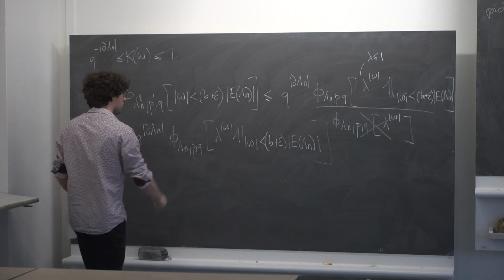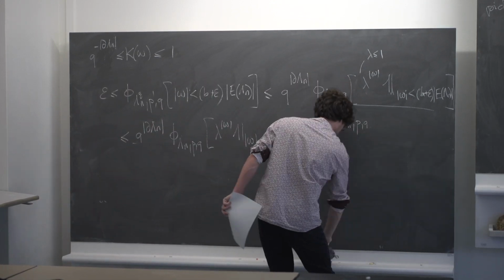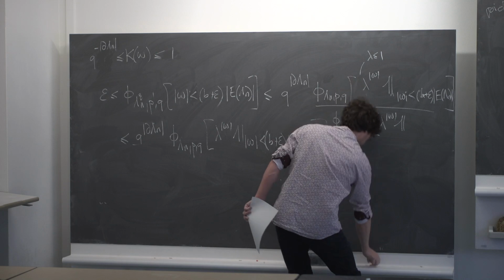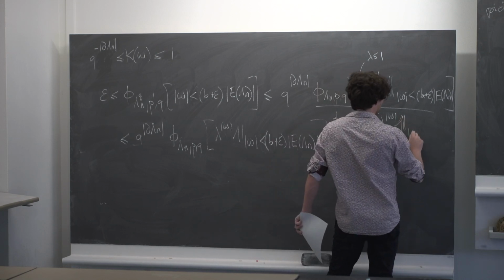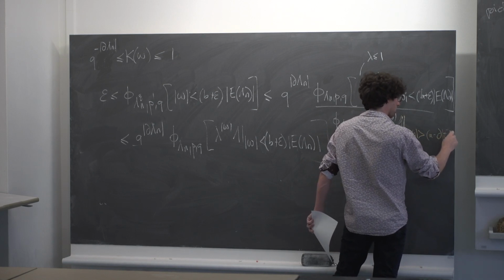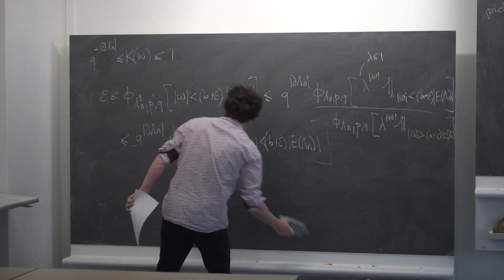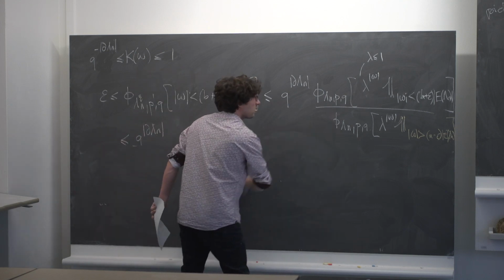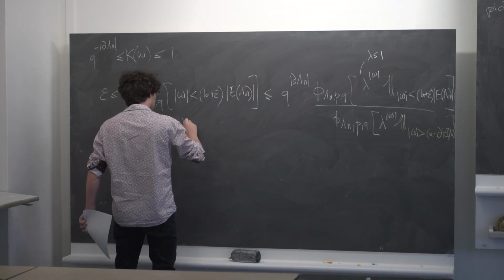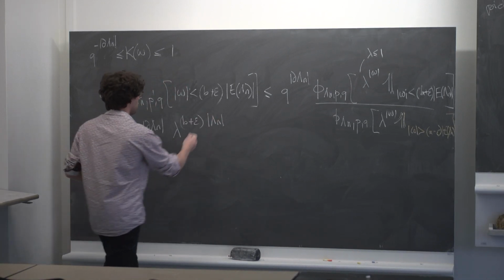But here, because I have this inequality, okay, I'm really sorry, but it's difficult for me. So here what I'm going to add is an indicator that omega is larger than a minus epsilon e of lambda n. This is authorized. So if I use now here that omega is smaller than b plus epsilon e of lambda n, I can bound this by lambda to the b plus epsilon e of lambda n.